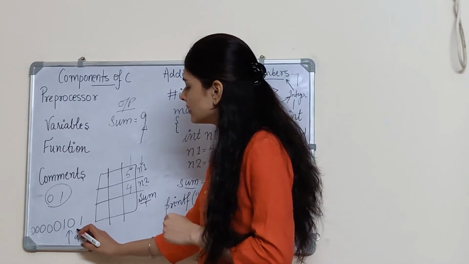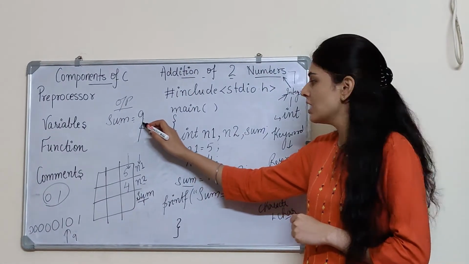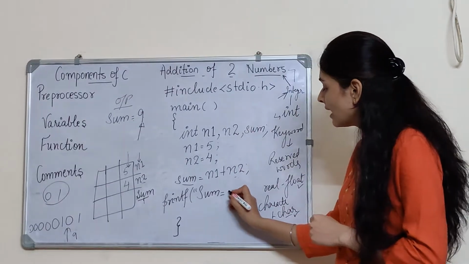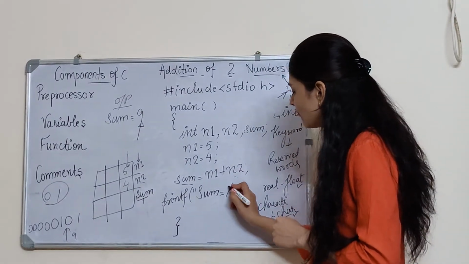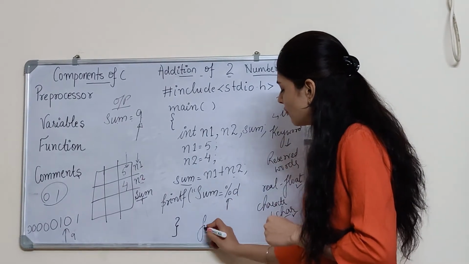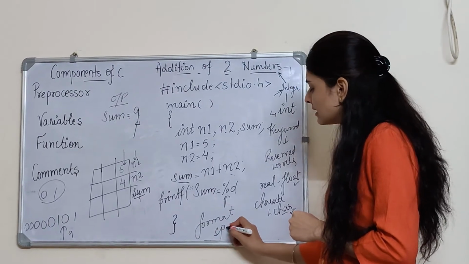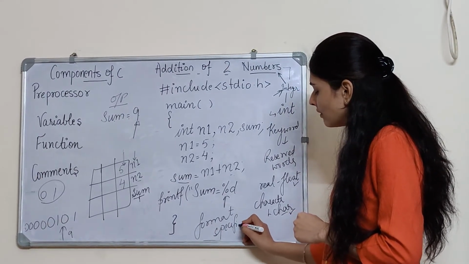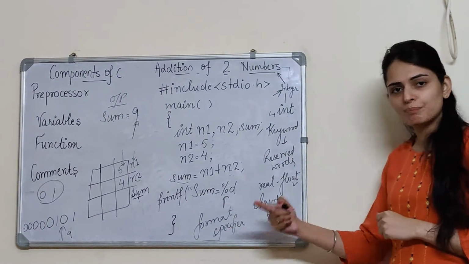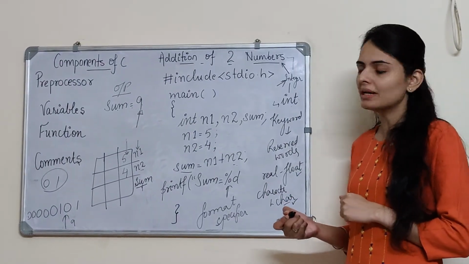But in what format do we want this to be displayed? In a number format. So for that, over here we will mention a format specifier. This mentions that whatever value we want to be displayed over the screen, in what format we want it to be displayed.